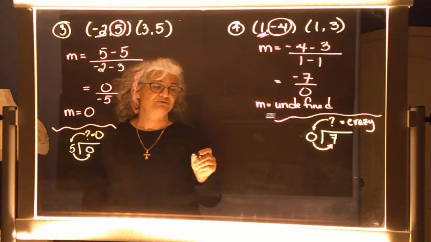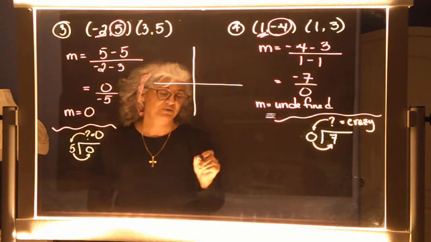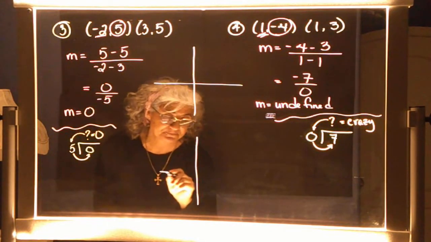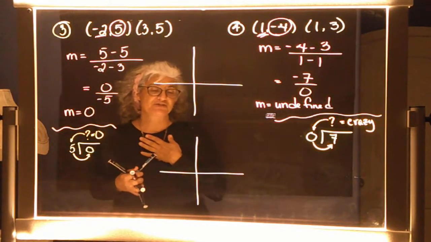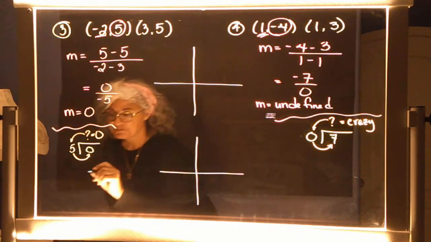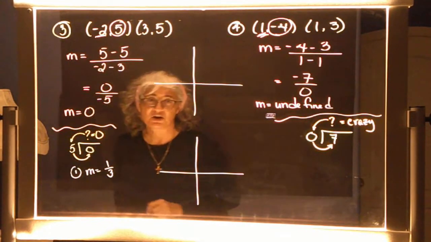I would like to graph these last two problems that we worked on. Okay? I would like to graph them. Excuse me. So, the first problem, we end up with a slope of 1/3, didn't we? Okay.